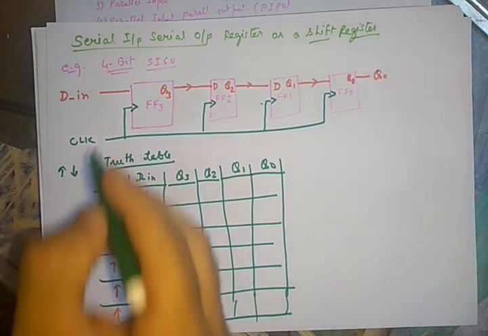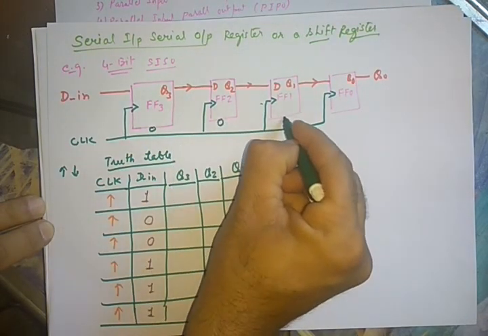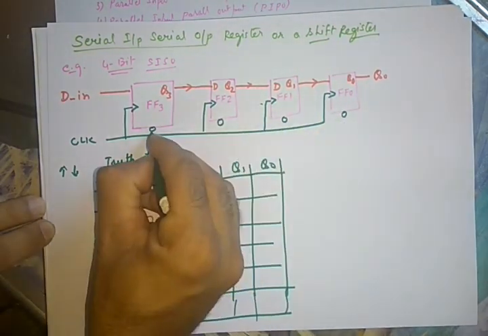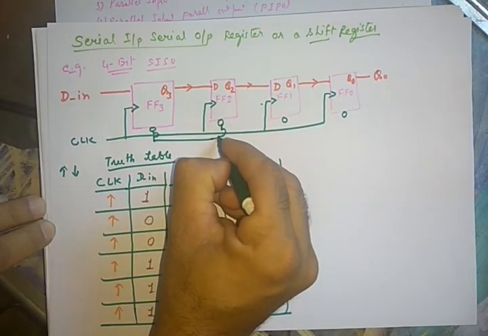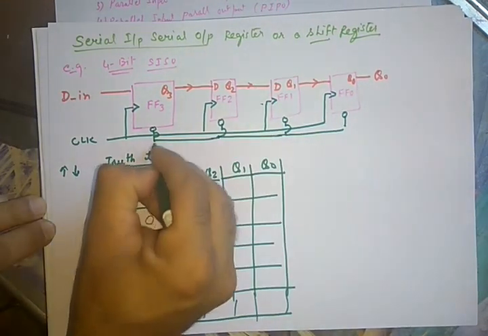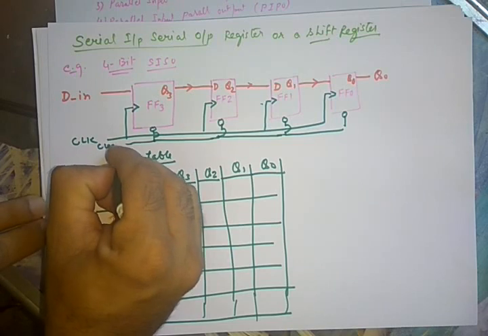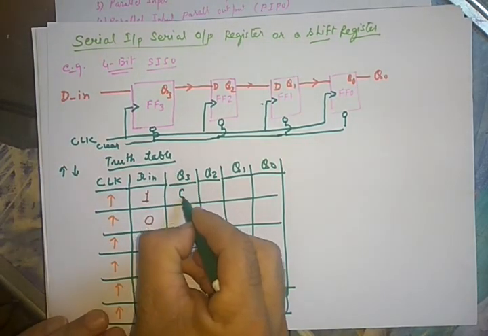Suppose the flip-flop is initially cleared and this clearing operation is done with the help of a clear pin, and this is your clear pin, and all the flip-flops are initially cleared.